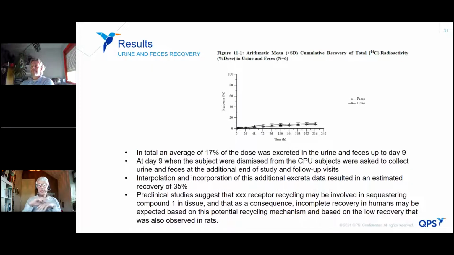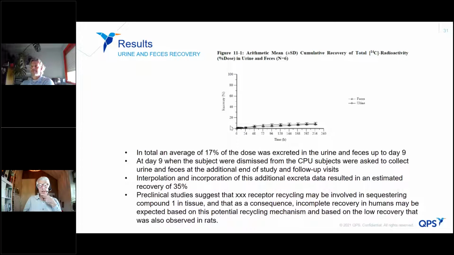After day 9, subjects were dismissed from the clinic, and because there was still a lot of radioactivity present, they were asked to collect urine and feces samples. Not all, of course, but at certain time points they were asked to collect samples, and those samples were brought back to the clinic at some study visits and a follow-up visit.